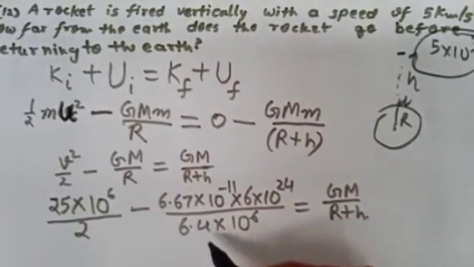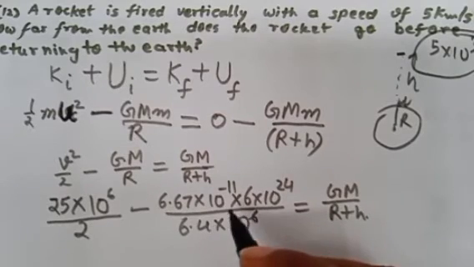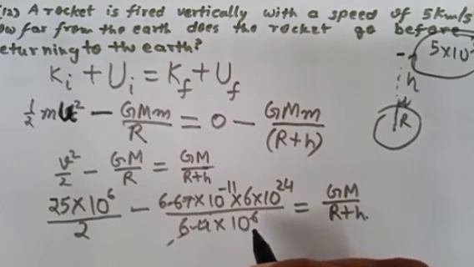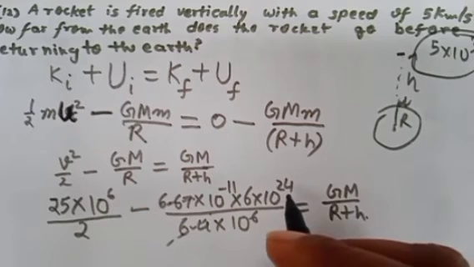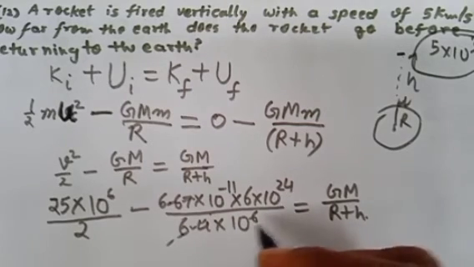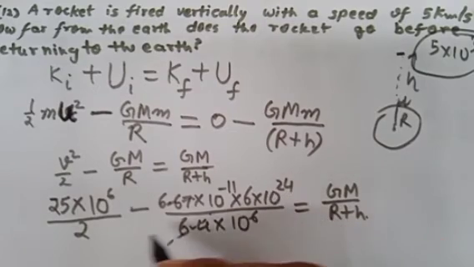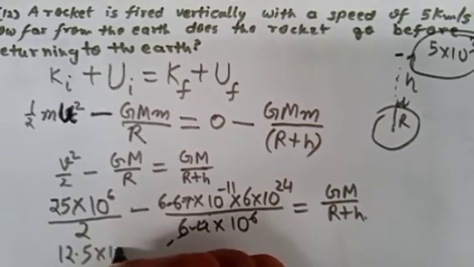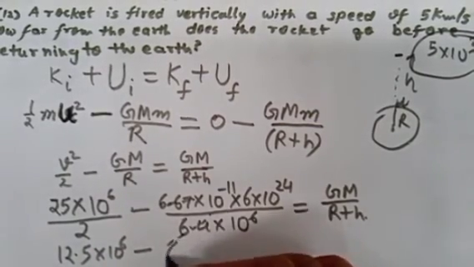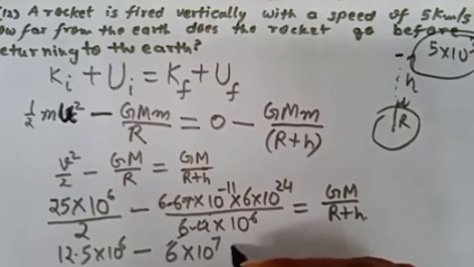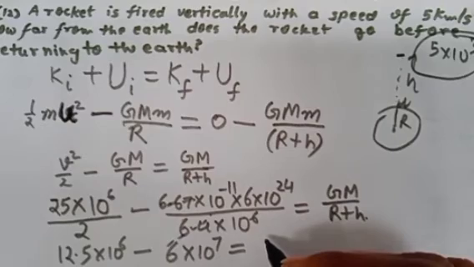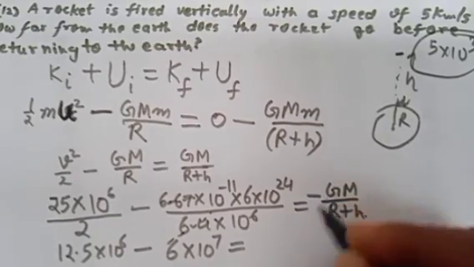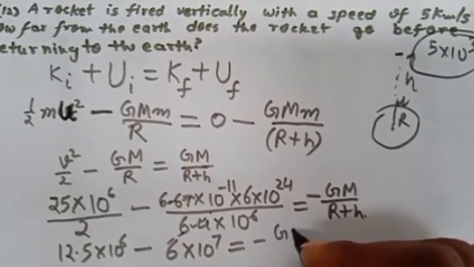First we will solve this entire portion. Once again, with approximate calculations, 6 ones are 6 approximately, and here 10 to the power 13 divided by 10 to the power 6 gives 10 to the power 7. So this will be 12.5 into 10 to the power 6 minus 6 into 10 to the power 7. Oh sorry, it is with a negative sign, otherwise there will be a mess.